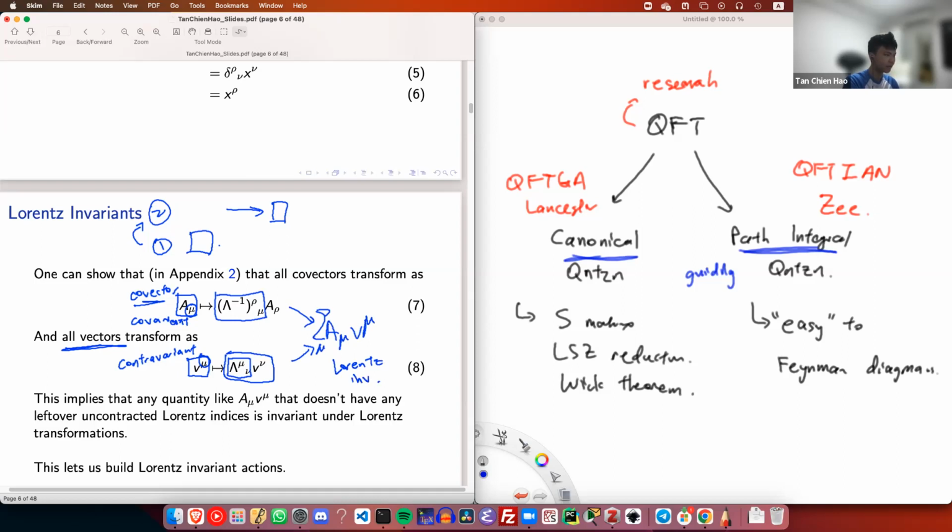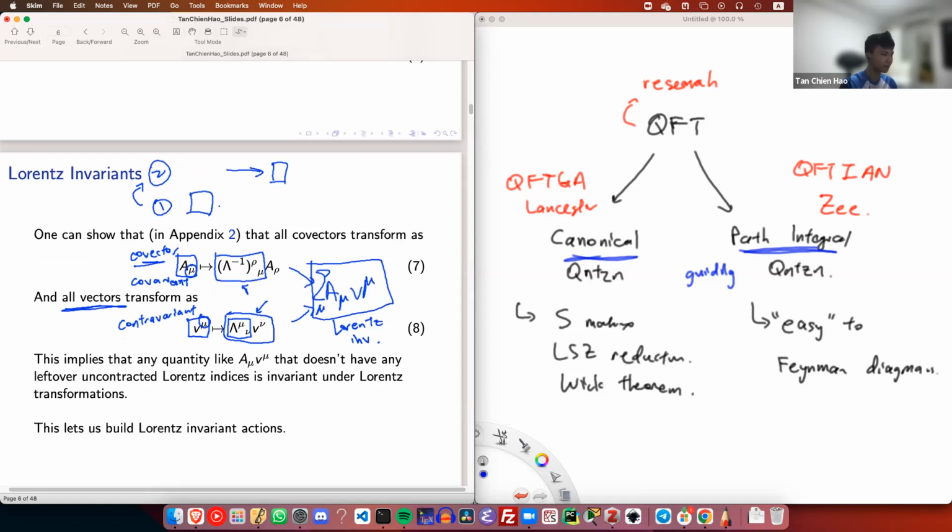Because if we take this quantity and boost it into the second frame, the moving frame, then A transforms with the inverse and V transforms with the Lorentz transformation. And when you have the inverse matrix multiplied by the Lorentz matrix, you get the identity matrix. So such quantities are Lorentz invariant.